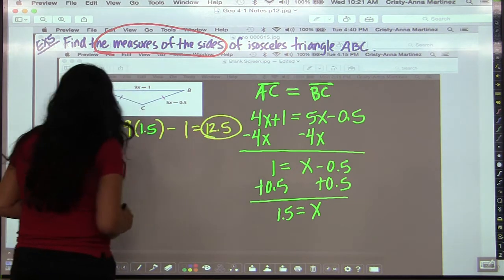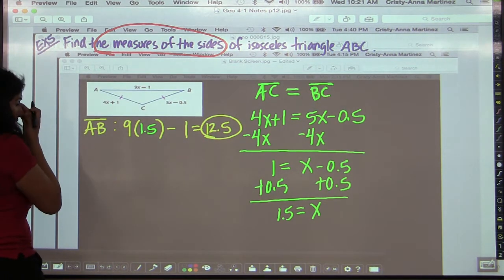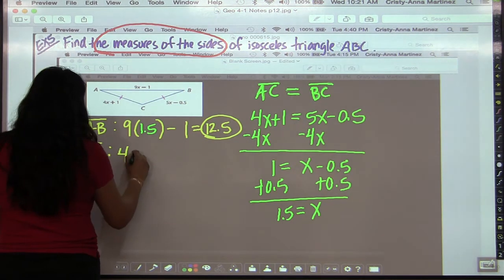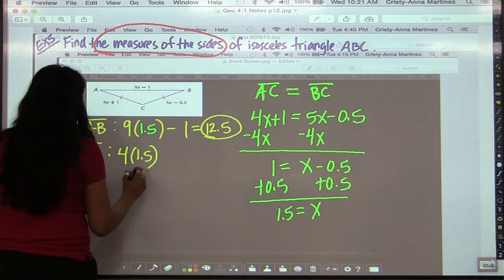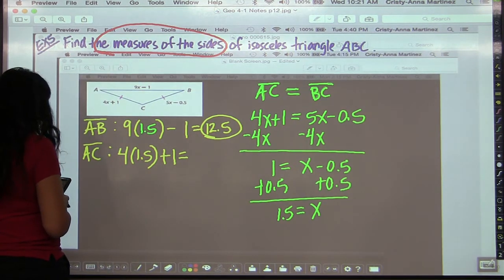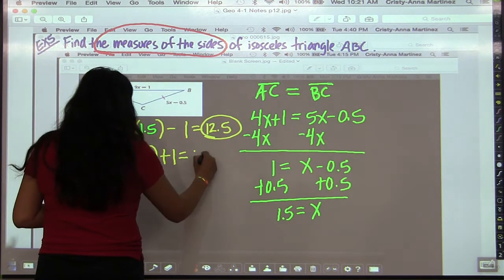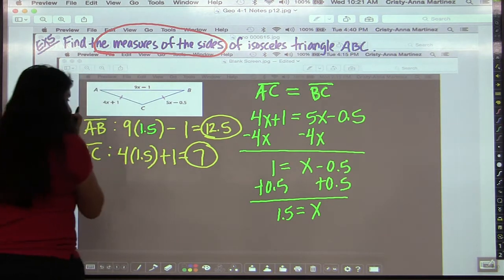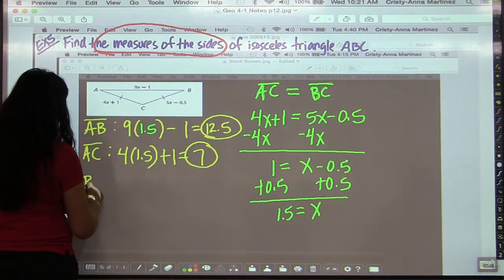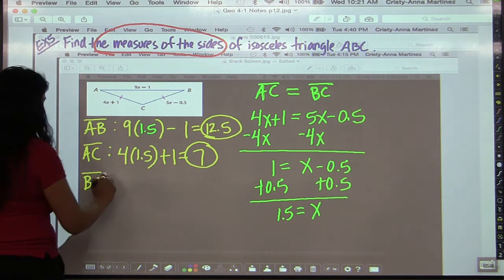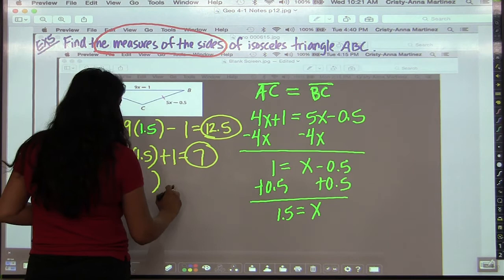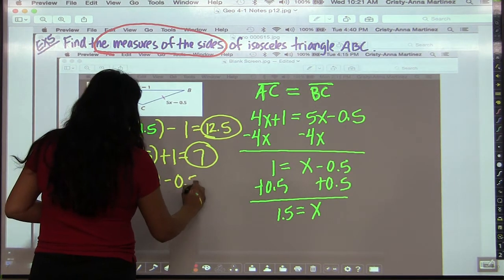Okay, so AB is going to be 12.5, and then for AC, we're going to have 4 times 1.5 plus 1. So 4 times 1.5 is going to give us 6, plus 1 is 7. So AC is 7, and since these are supposed to be the same, hopefully our math will work out, and when I plug in BC, I should get 7 as well. 5 times 1.5 minus 0.5.